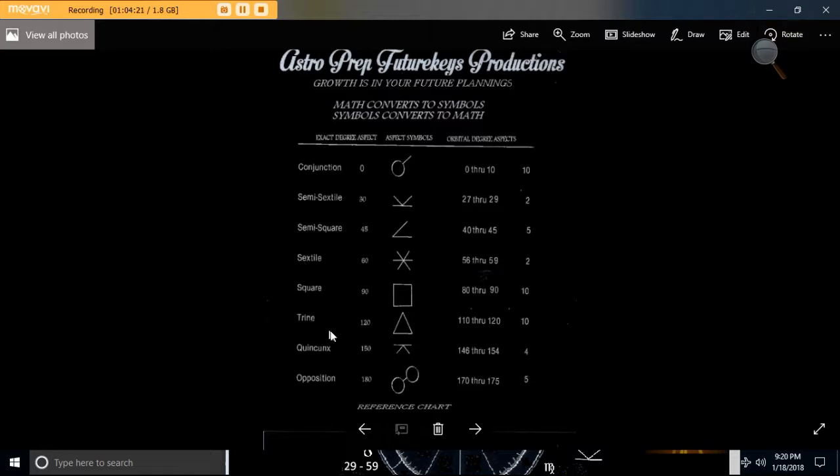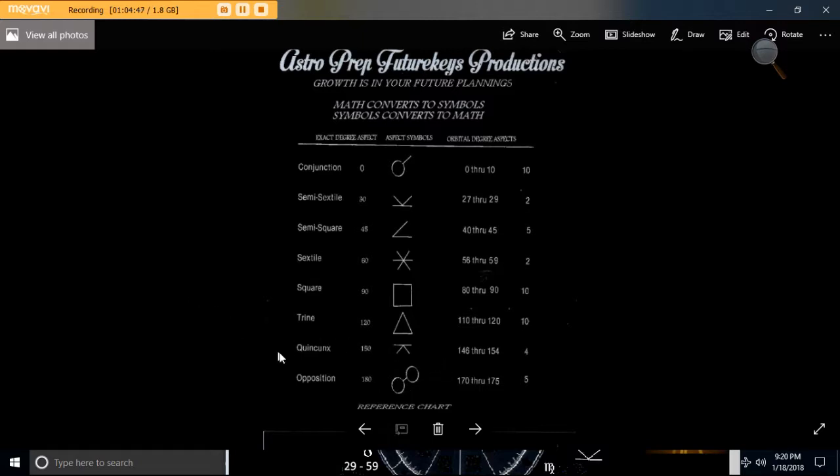Now, where we left off is the trine aspect. Okay, let's say that sun is trining your moon. Then it would be 110 through 120 with a 10-degree orb. These are aspects. This lesson is all about aspects and how one planet affects another planet in your natal birth chart.